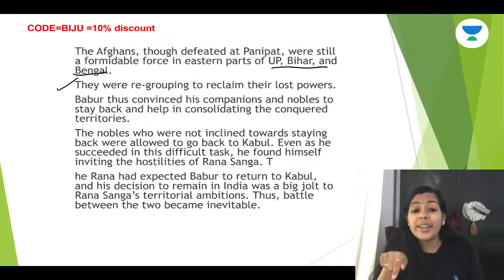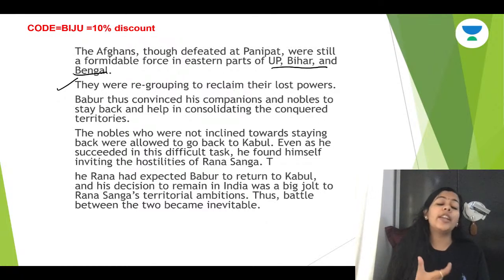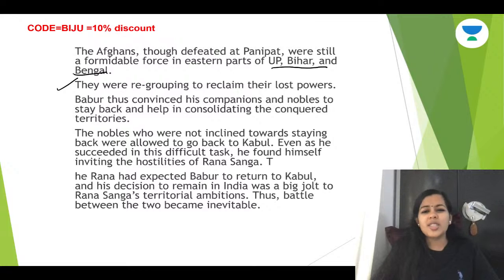Now we have conquered Delhi. This is a place where we have enough money, so we will remain here. Why go and struggle? Be here. That was his attitude. So he was trying to convince his noblemen, but some of the noblemen were not able to accept all this. And finally he told them, please go back to Kabul and stay there. Don't go to our country, because you will never get it.